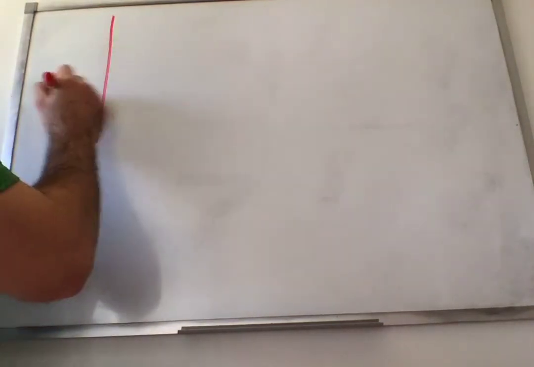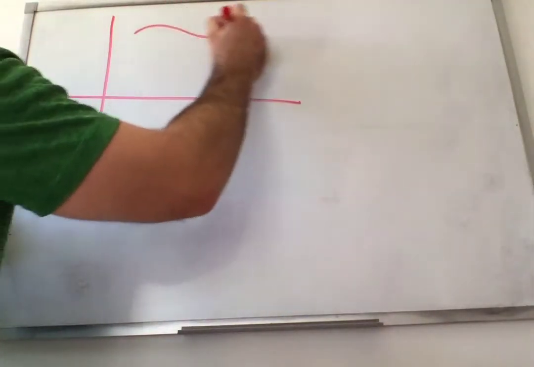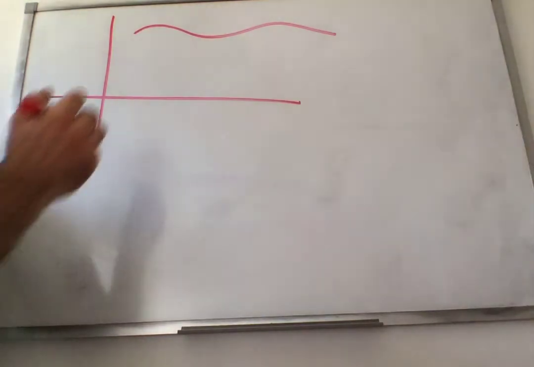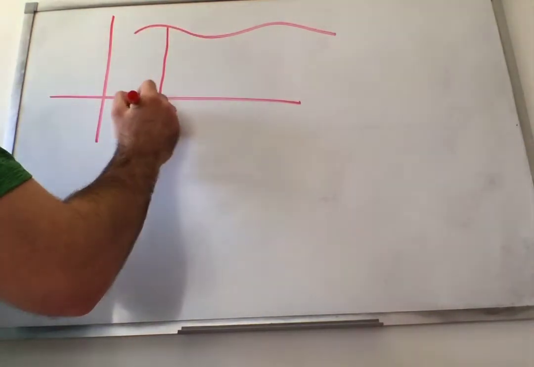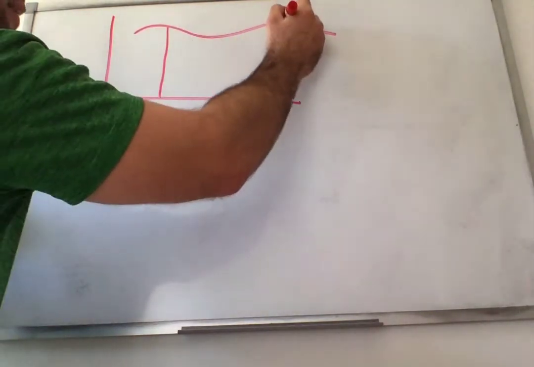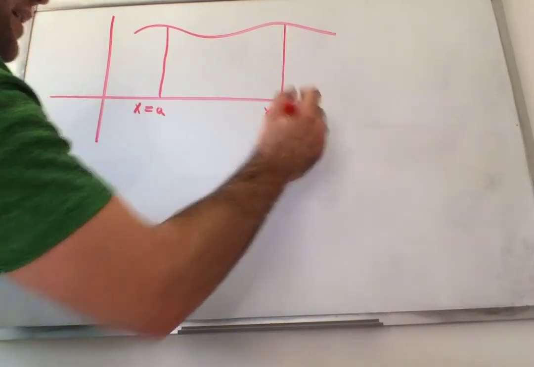So let's see, it says the area of a region S that lies under the graph of a continuous function f between the x values x equals a to x equals b is the limit of the sum of the areas of approximating rectangles. Okay, let's go ahead and illustrate what that means. If I have some curve, whatever it may be, this is x equals a, this is x equals b.